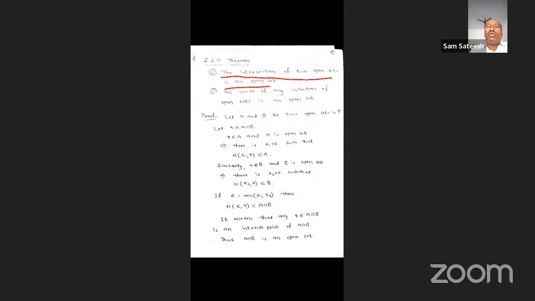Proof: let A and B be two open sets, so A is a subset of R and B is a subset of R. Open sets have interior points.